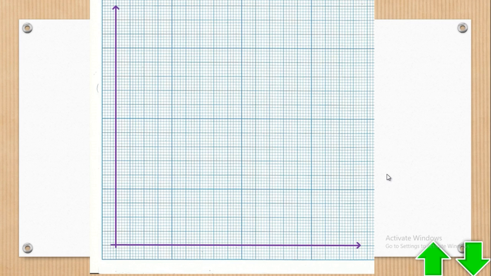Then you have to label and feed in the values for the horizontal axis and vertical axis. Let's start with the horizontal axis. For horizontal, we feed in values of class boundaries, or we can say upper class boundaries, because we are plotting our cumulative frequency against upper class boundaries.